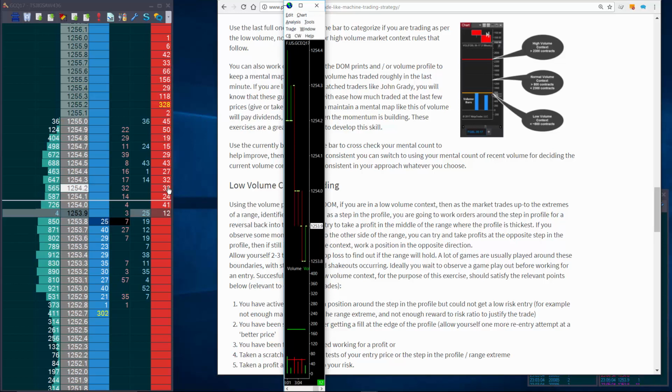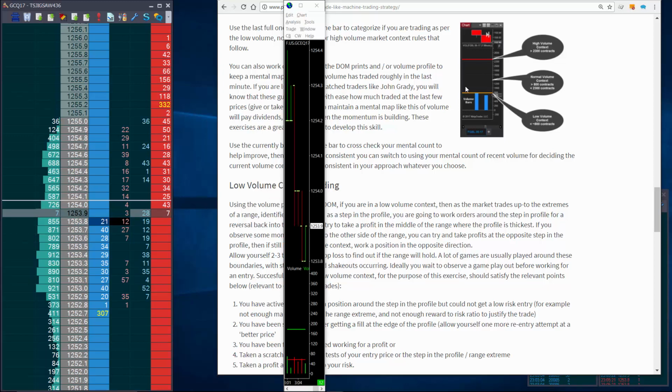If you haven't completed any of them, you're looking for some absorption at the offer, or just some change in the motion of the market, and with a bit of patience you can see the market hold instead of expecting it to immediately bounce back down. That sort of behavior occurs more in the high volume context.